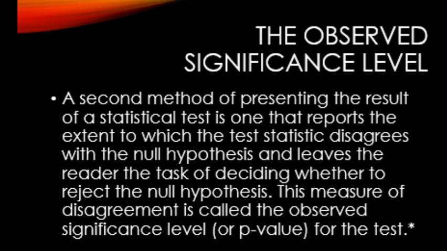So once we have figured out how far the test statistic is, in terms of probability, from the value in our null hypothesis, we then decide whether to reject the null hypothesis or not. So this measure is called the observed significance level, or the p-value of the test.